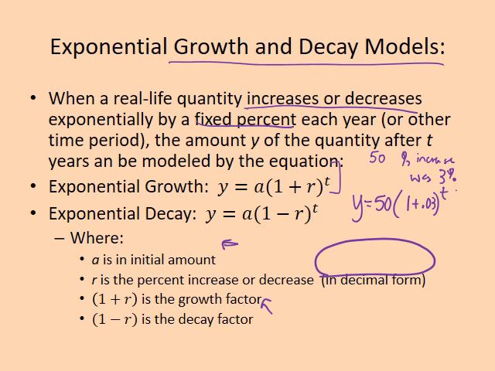By the same token, if your initial value was 50 and it was a percent decrease of 3%, your exponential decay equation would be y equals 50 times 1 minus 0.03 to the t power.